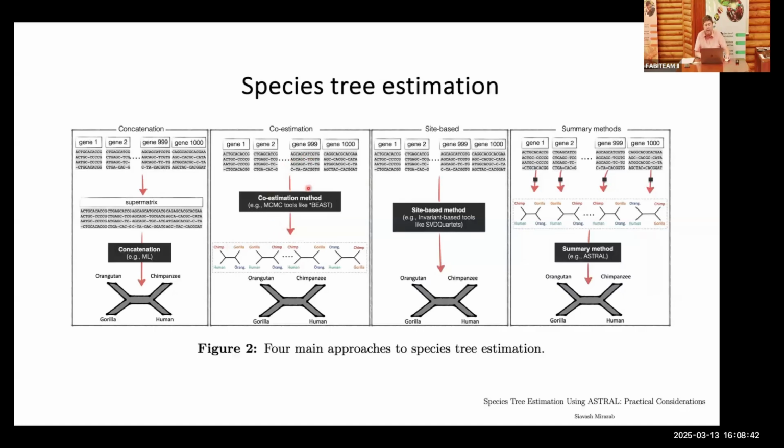You can also co-estimate the trees. So what that means is you have your full gene data set. This is also a concatenated data set, but we have multiple trees generated from this matrix. These trees are evaluated through a Markov chain. So you have many trees.